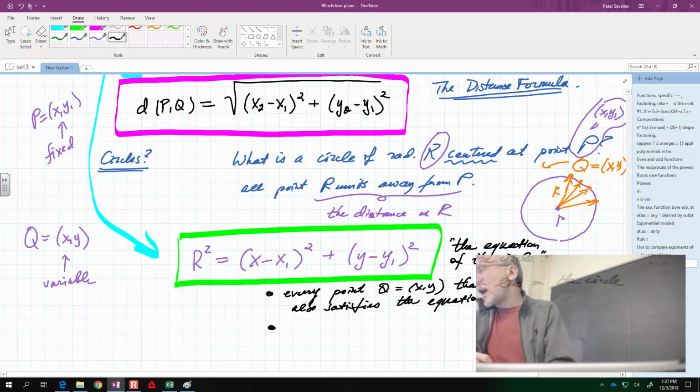There is a matching statement here. Every point on the circle satisfies this equation, and vice versa. What does vice versa mean? Can you make the converse statement here?